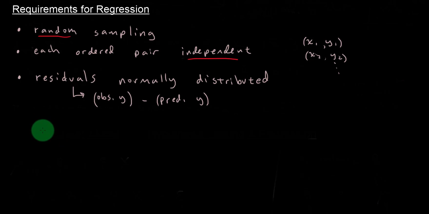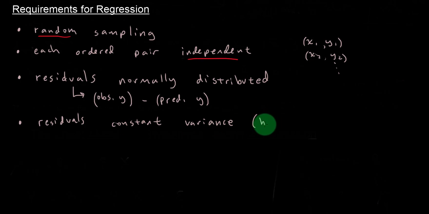And lastly, the residuals need to have a constant variance. Constant variance. There's a cool word that means constant variance, and that's homoscedastic, and I think that's just a fun word to say, homoscedastic.